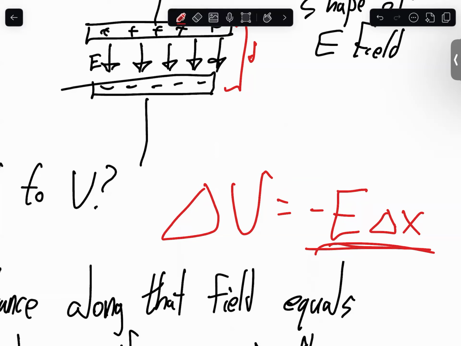Well, mg points downward. If I go downward times an increase in h, I get negative mgh. I've got to have the minus sign to cancel, so that when I go up, my mgh goes up. If I didn't have this minus sign, going up would decrease my potential.